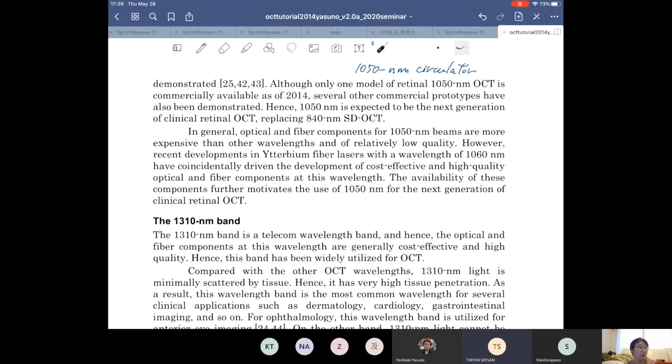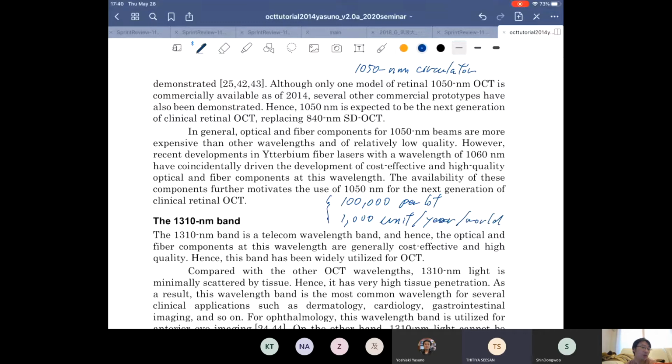But in the case of OCT, even for the retina, which is the biggest market of OCT, it is something like 100 units per year worldwide.